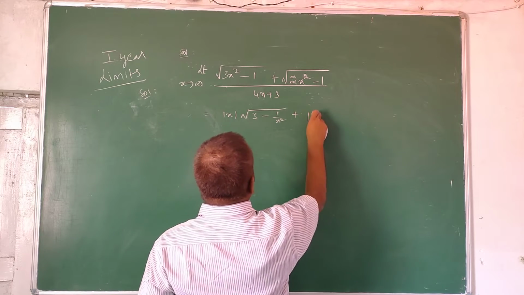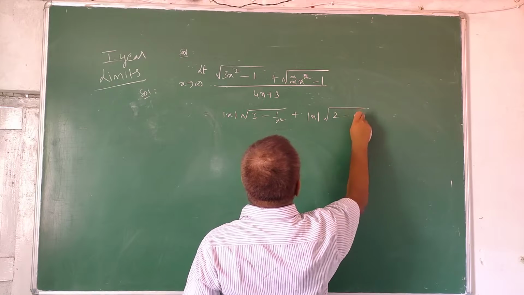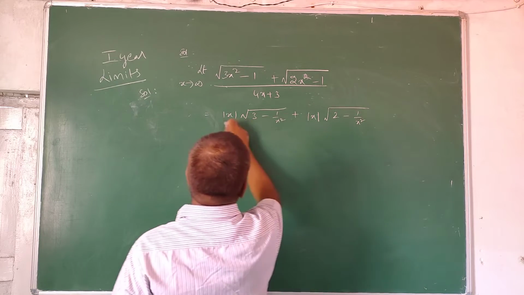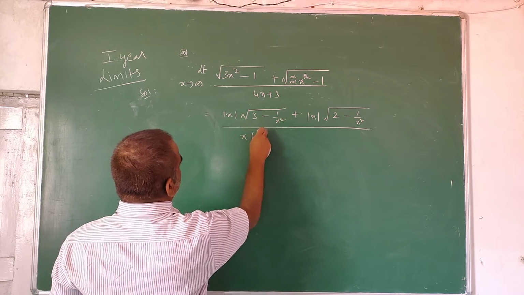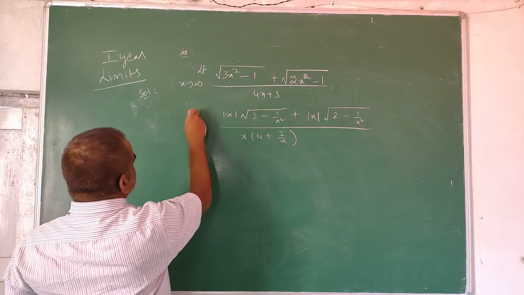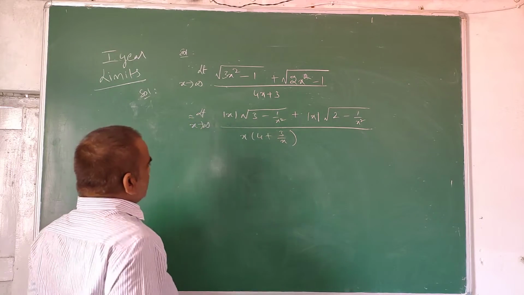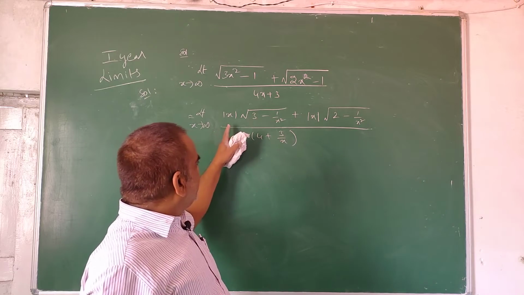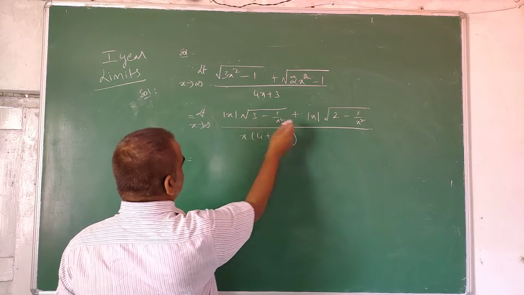Similarly here mod x into root over 2 minus 1 by x square, divided by, here take x common, 4 plus 3 by x, as x tends to infinity. As x tends to infinity, mod x is equal to x, we have discussed in the previous case. So this is x, this is x.